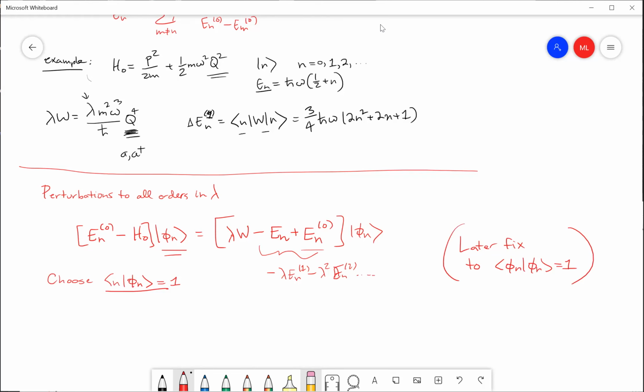So, okay. And if you choose that normalization, then stuff kind of simplifies, right?